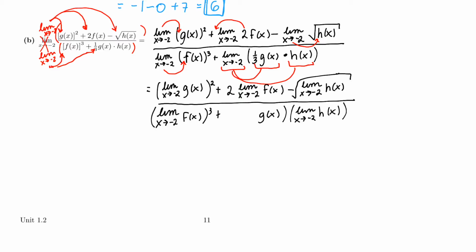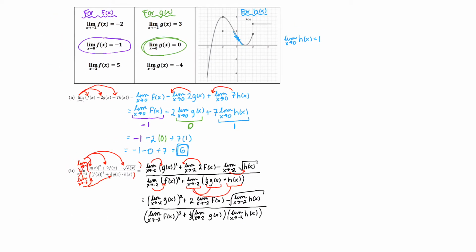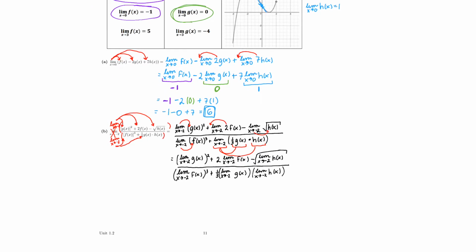So plus 1/3 limit as x approaches -2 of g of x. Coming up here, looking for our -2 ones. So the limit as x approaches -2 of f of x is -2. I'm going to write it down here.